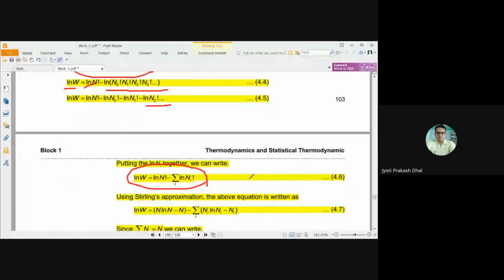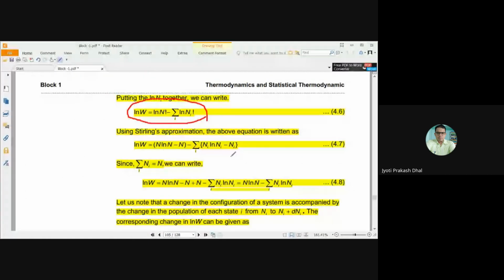Now using Stirling's approximation in the above equation, we apply it on the right hand side of equation 4.6. ln n factorial equals n ln n minus n according to Stirling's approximation, and similarly ln ni factorial equals ni ln ni minus ni.